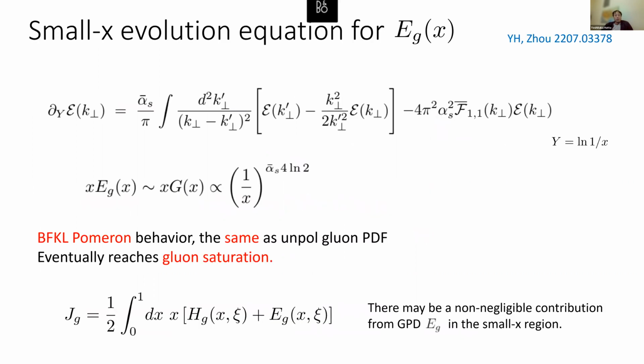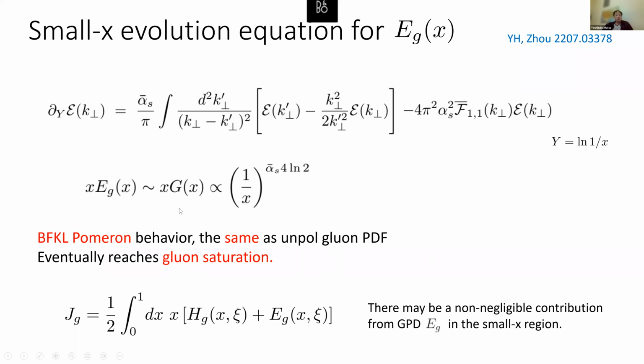But in my most recent paper, James Zhou and I derived the small x evolution equation for the unintegrated GPD E. The first term of this equation is identical to the BFKL equation. So the conclusion here is that this GPD E behaves like 1 over x to the power 2, exactly like the BFKL Pomeron behavior.